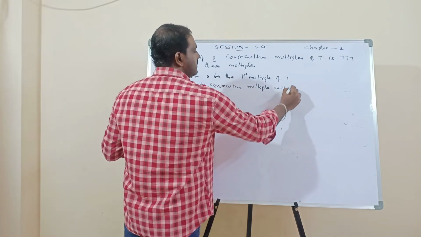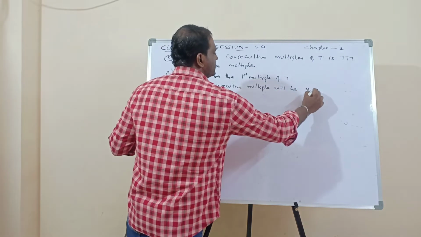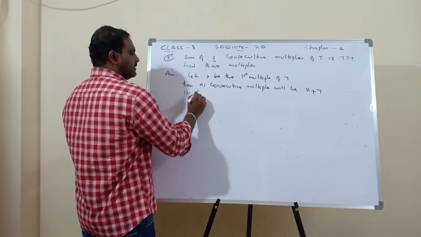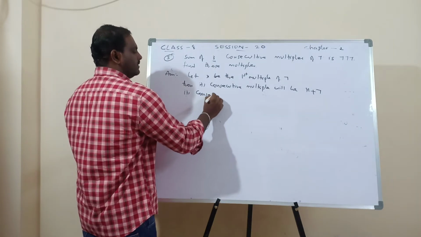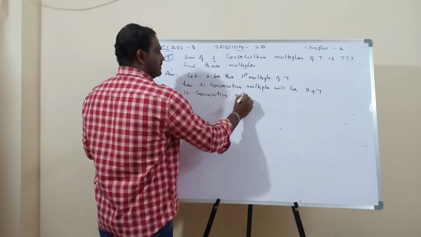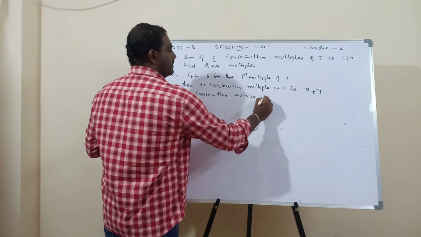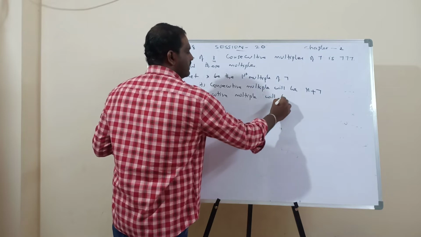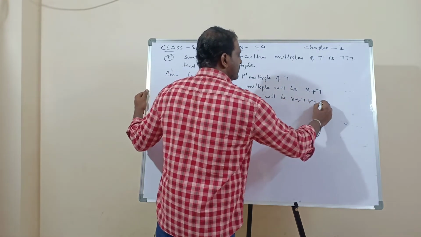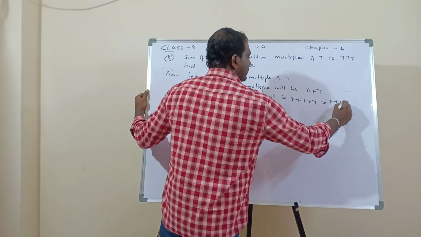Its consecutive multiple will be x plus 7. And next again its consecutive multiple will be x plus 7 plus 7. What is that? x plus 14.